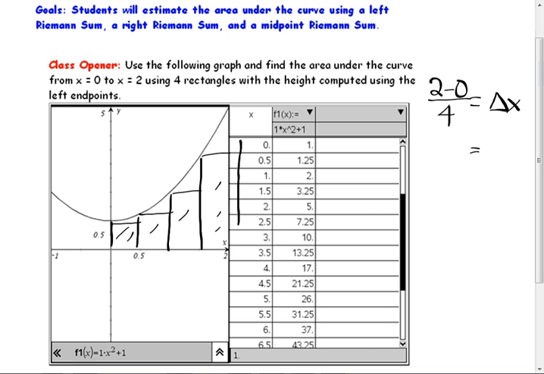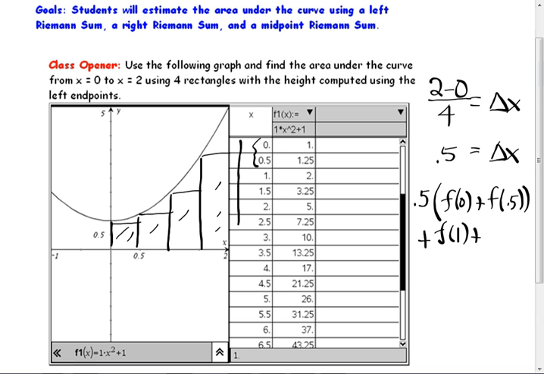Okay, it's 0.5. So I'm going to take this base, and I'm going to leave all the bases the same, so it's 0.5. And then, if I'm hitting on the left side, it's going to be f of 0, plus f of 0.5, plus f of 1, plus f of 1.5.